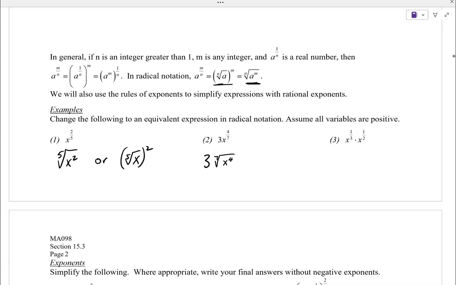Let's look at the third one here. I would simplify this with the fractions first before writing it with radicals. Notice I've got multiplication. When you multiply, what do you do with the exponents? Add them, right? So we can first just add those exponents together. So I'd have x to the 1/3 plus 1/2.